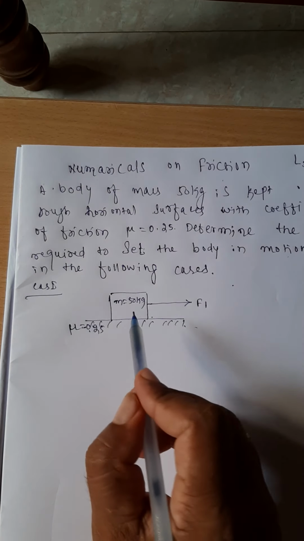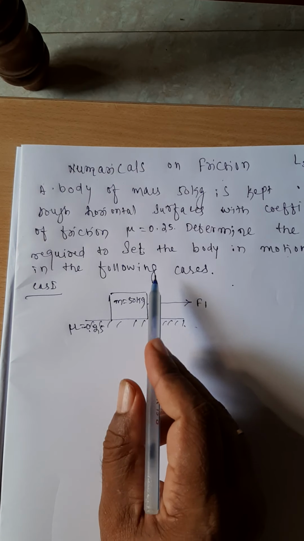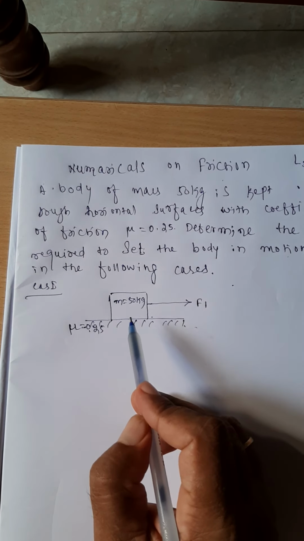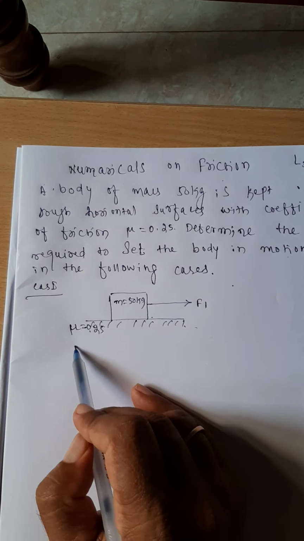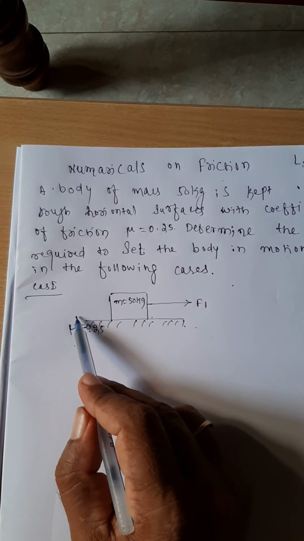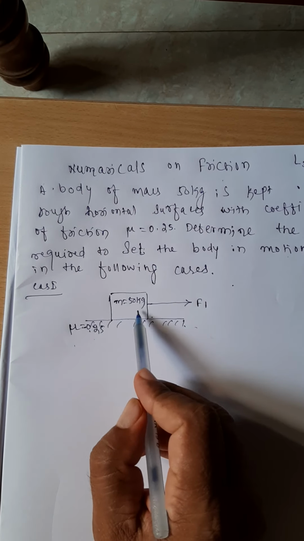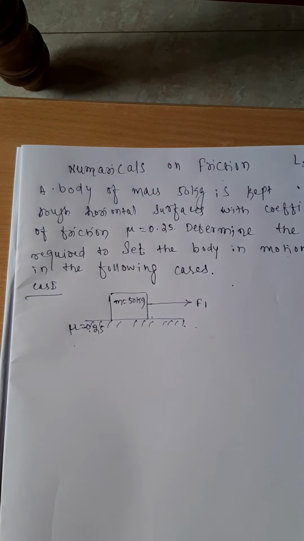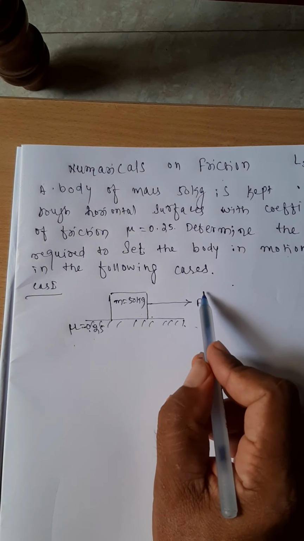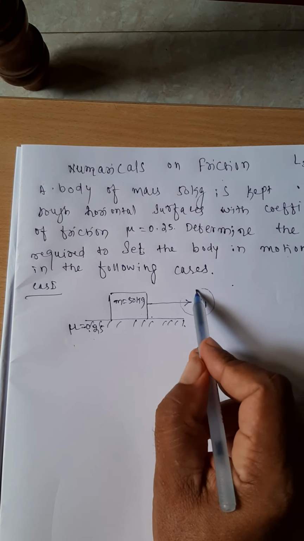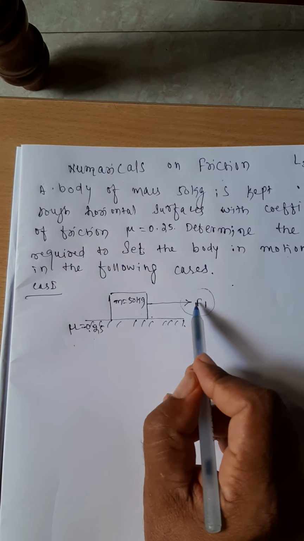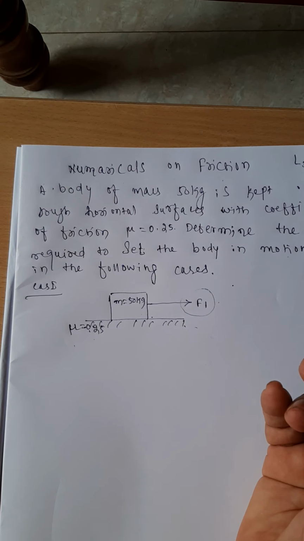Next, calculate the normal reaction by drawing the free body diagram of the block. Once the normal reaction is known, you can compute the frictional force, which is normal reaction multiplied by the coefficient of friction. Then draw the free body diagram and compute whatever unknowns are asked. For example, in this case it is asking for the force F required to set the body in motion. Is it all right?